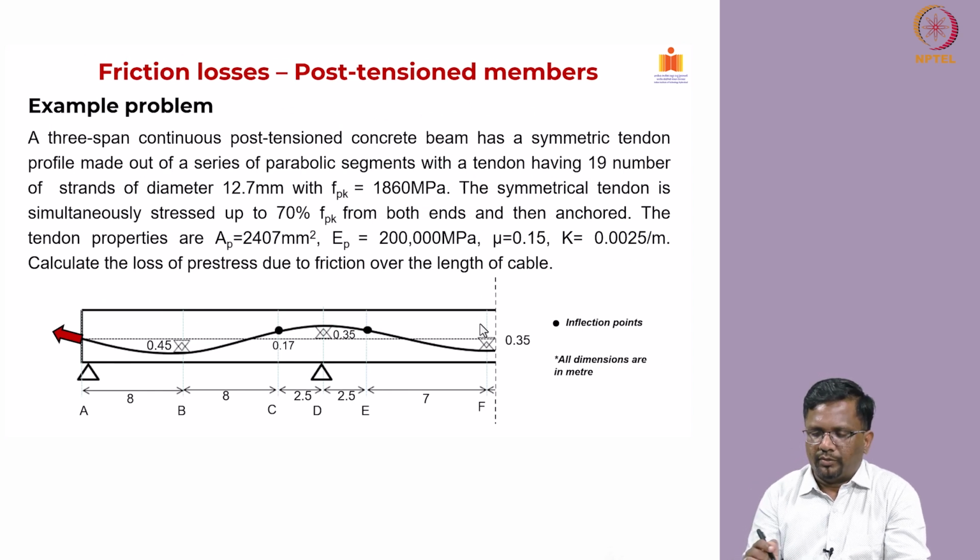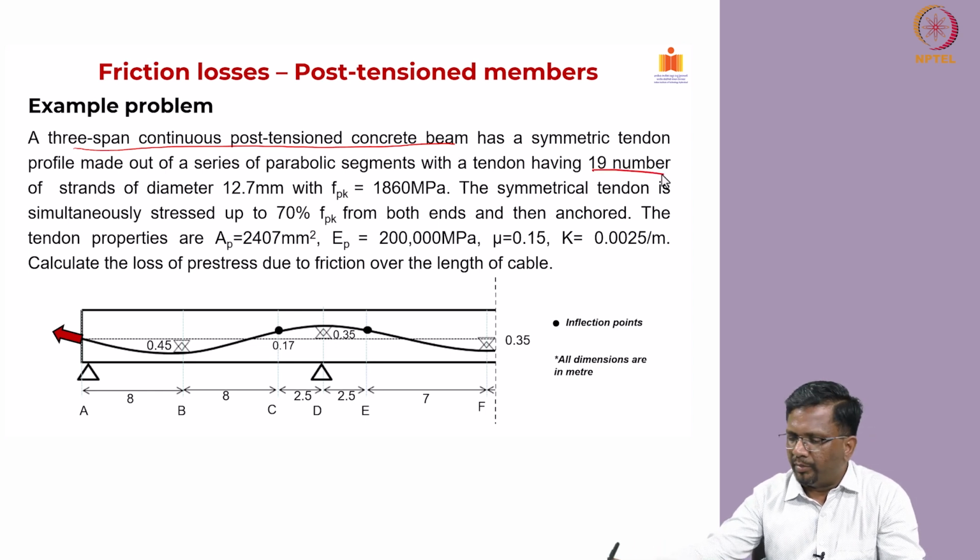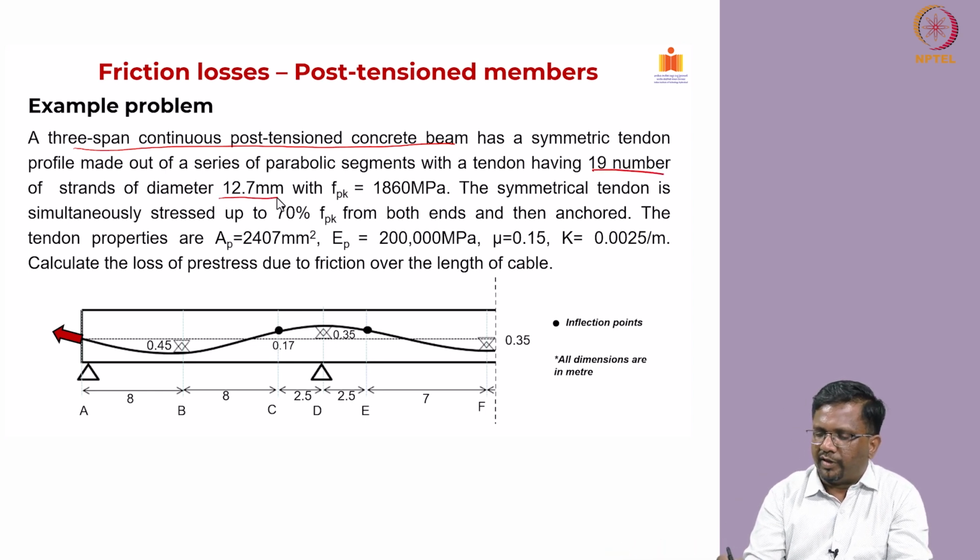Here you have a 3-span continuous post-tension beam, and it has a symmetrical tendon profile, made out of a series of parabolic segments, and it has 19 numbers of 12.7 mm strand, and ultimate strength is 1860 megapascal, and they are all simultaneously stressed.